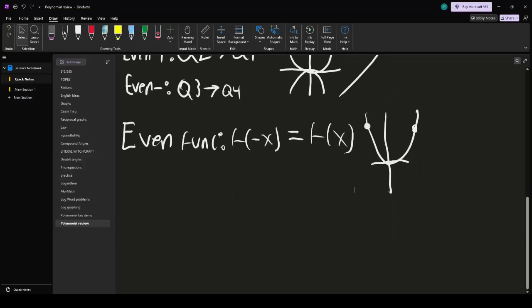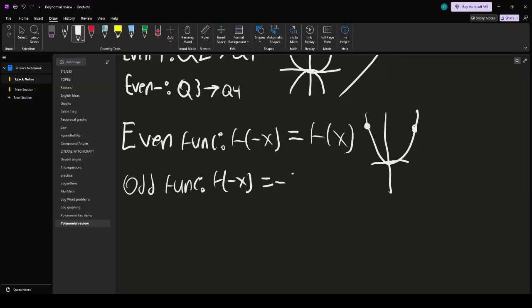An odd function is defined as f(-x) = -f(x). This holds true because negative f of x is basically taking all the y values of the function and making them negative, so you're reflecting it on the x-axis, right?